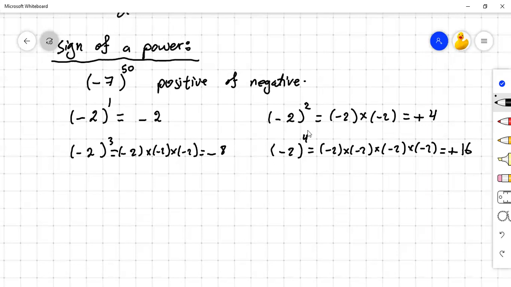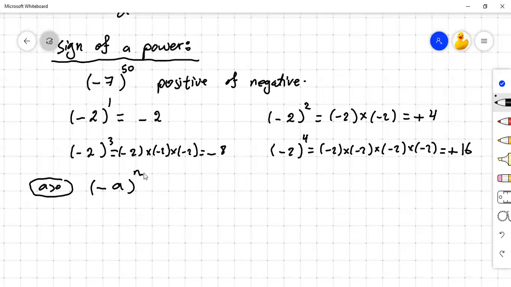So if we have minus a power n, and a is a positive number, it depends on n.